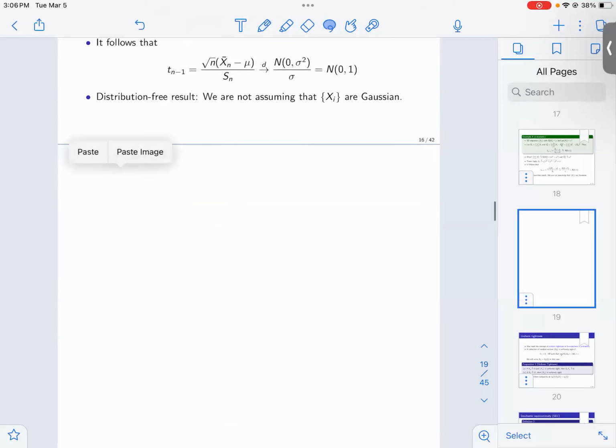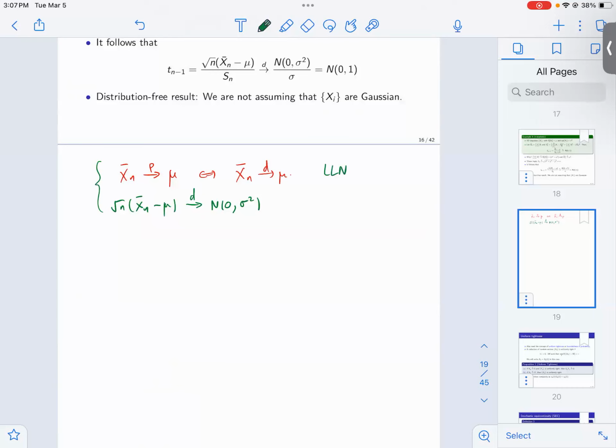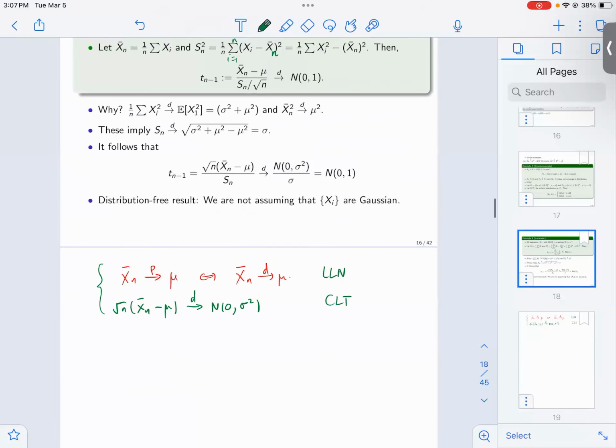So I know these facts, from the law of large numbers and CLT, from basic probability. What I have is Sn squared, which is 1 over n, summation i from 1 to n, of (Xi minus X̄n) squared.